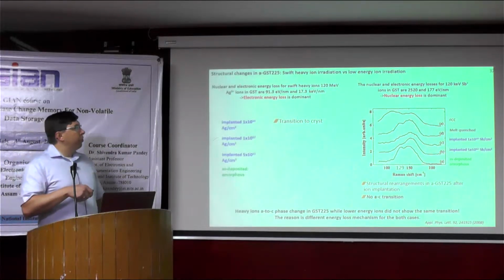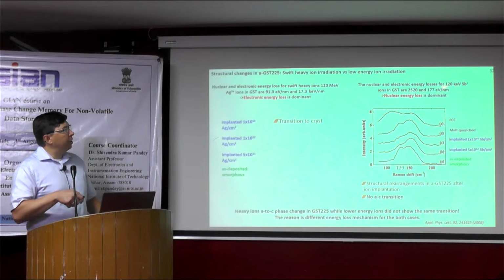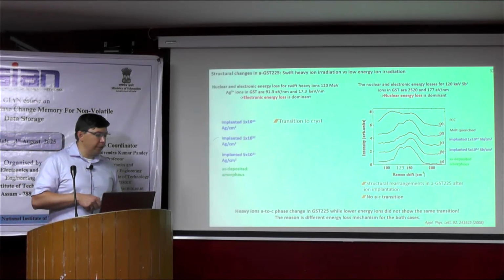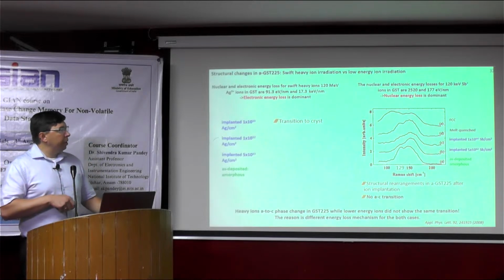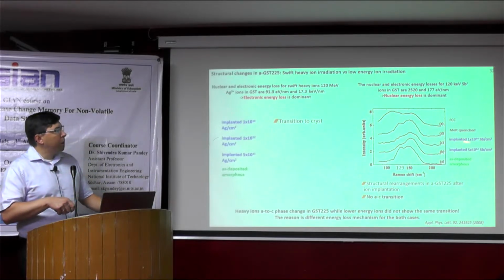In the case where this amorphous phase is irradiated with antimony ions, this energy induces mostly nuclear energy loss in the system. Here, the amorphous system stays in the amorphous state even up to an implantation of 10 to the 14.